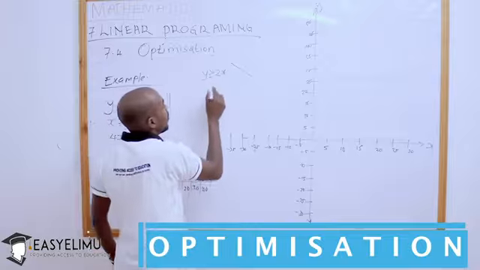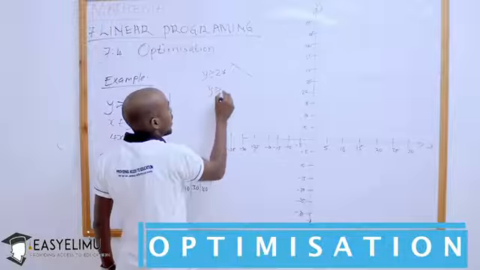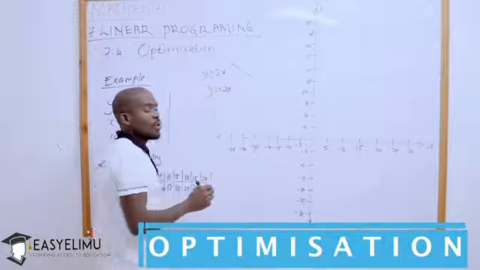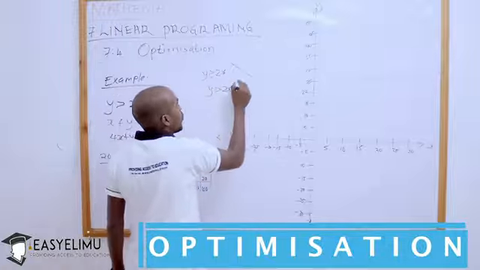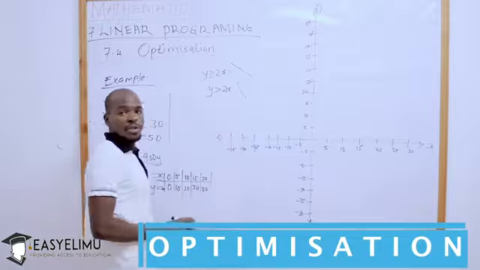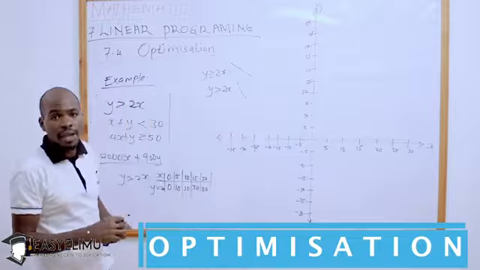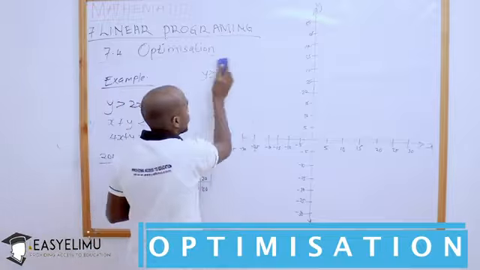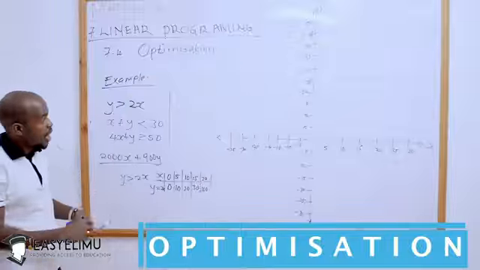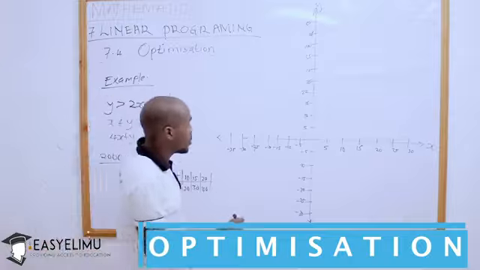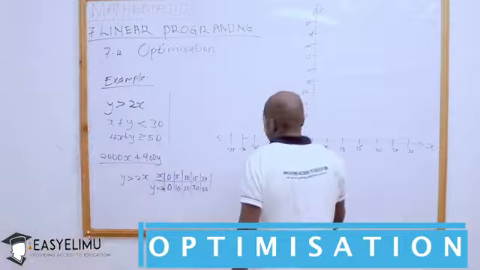That is how we differentiate the inequalities. Now let's use that technique to plot it on the Cartesian plane.